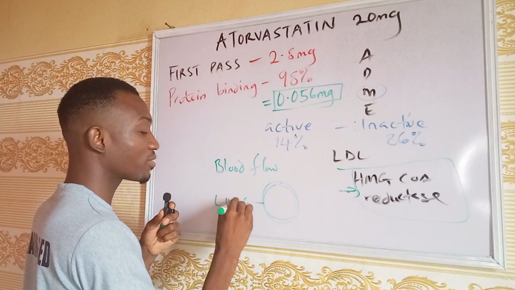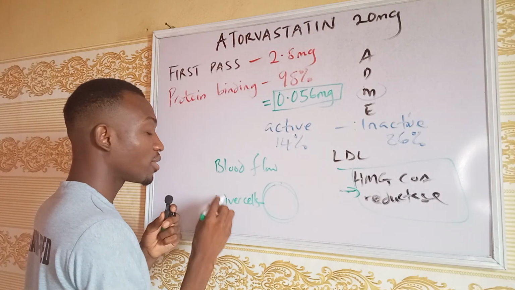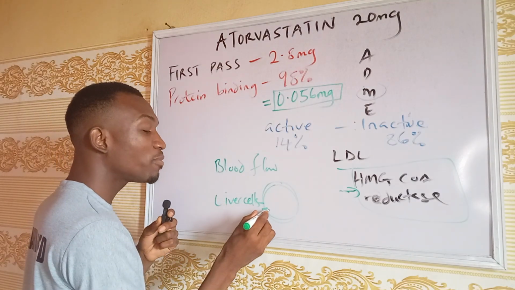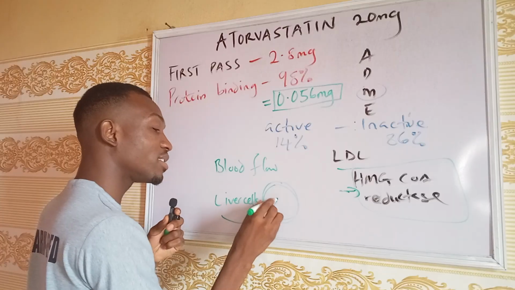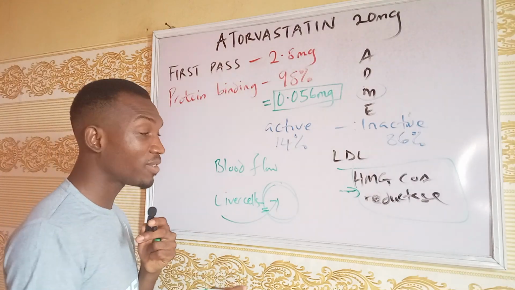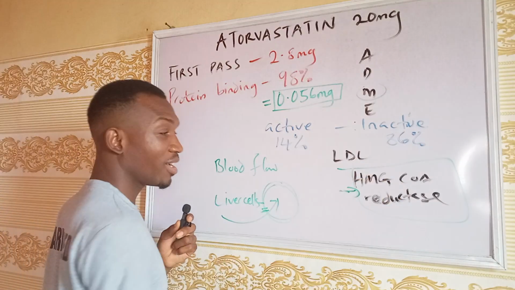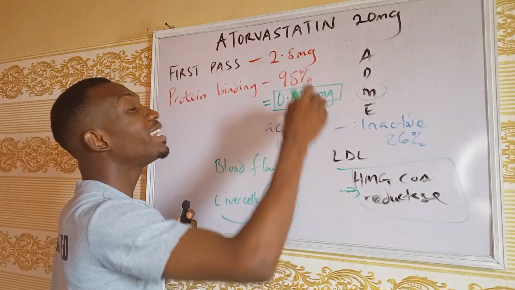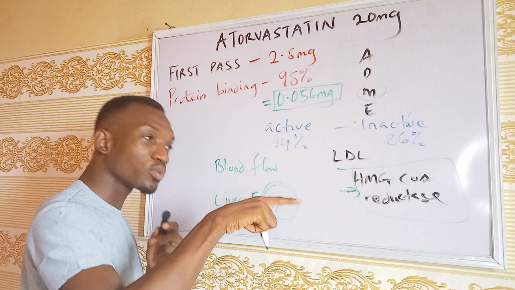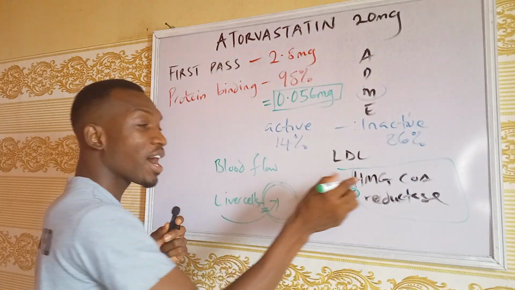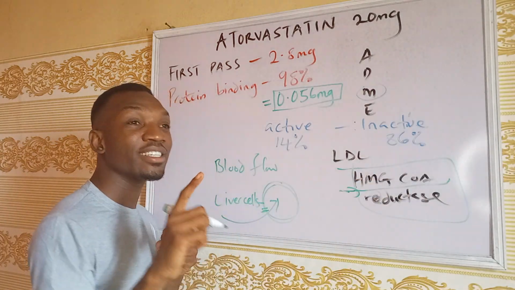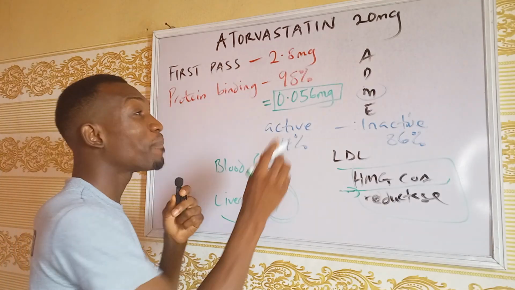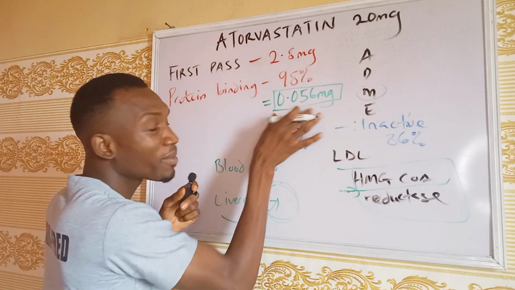This 0.056 still needs active proteins that will draw this atorvastatin into the liver cells to stop the action of this enzyme. So even out of this 0.056, less than 0.056 gets inside your cells and stops this enzyme from working, and yet you still have very good control of your cholesterol level by taking just less than this amount.